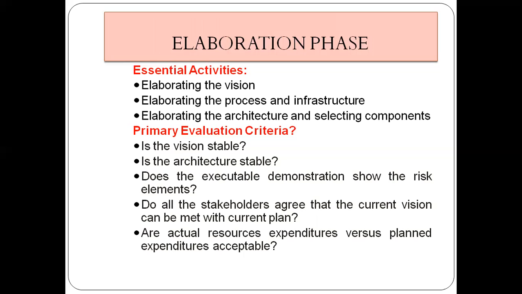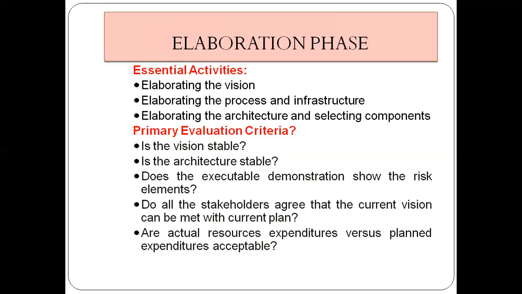Coming to the next essential activity, we have to elaborate the architecture and select components. In this, we elaborate the components needed for evaluation, and we have to make decisions on whether to buy a particular component or make it, which also helps us understand the construction phase cost.